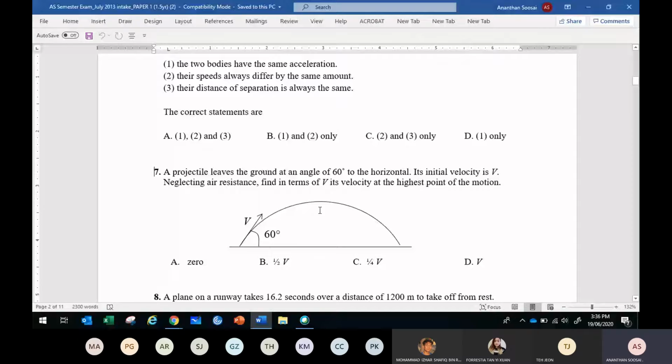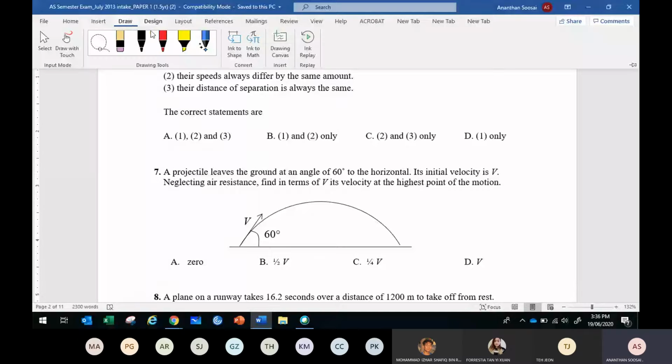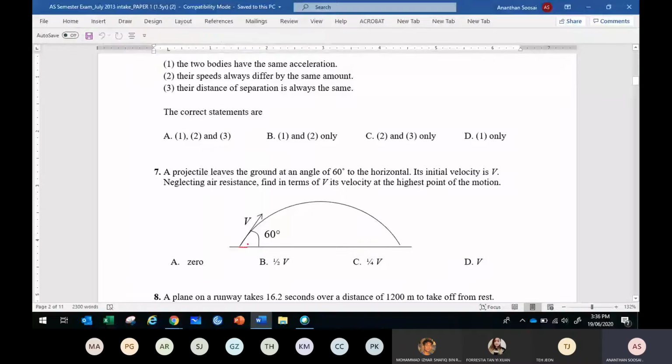Last time when we did projectile, I told you that at any moment you have two velocities. You have the horizontal velocity, ux, and the vertical one, uy.